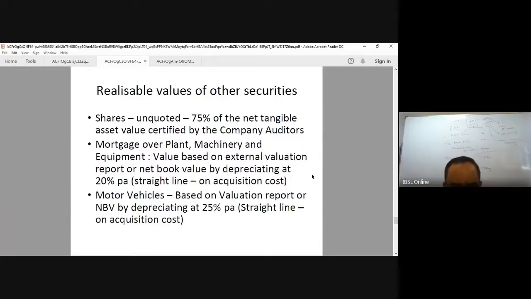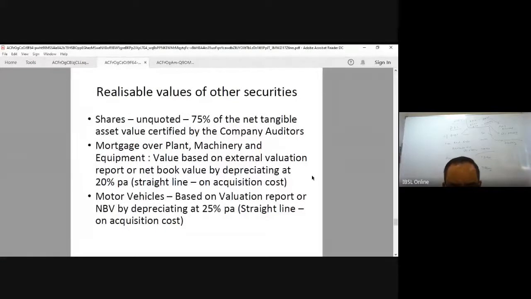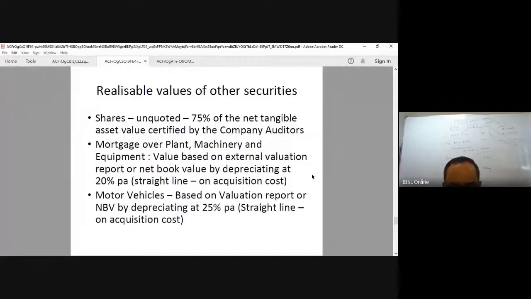So if you have taken a mortgage over plant, machinery, equipment and all that, of course there will be straight line depreciation applicable. From the cost of acquisition, from the cost of purchase, 20% straight line method depreciation should be there. That means over a period of 5 years, the particular plant or machinery has to be written off.